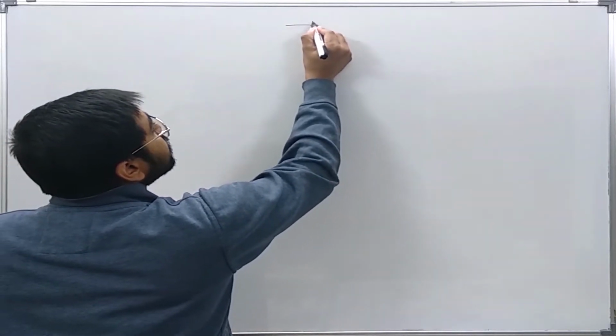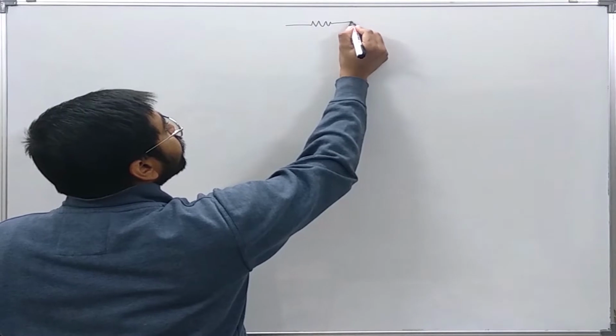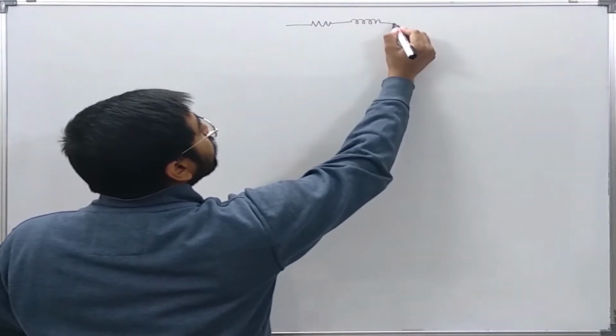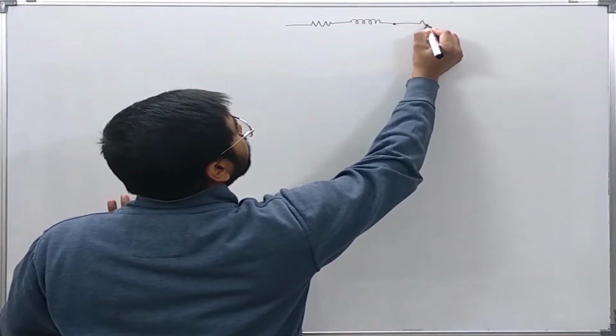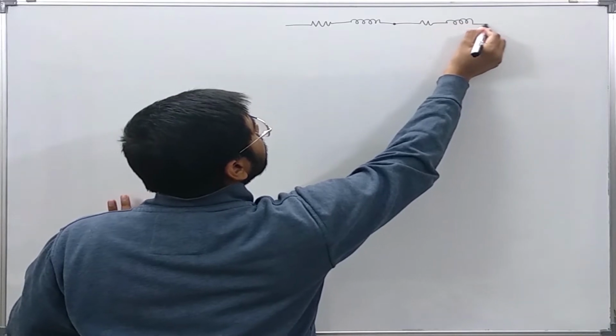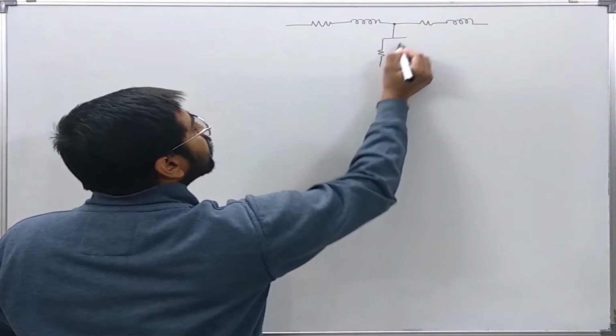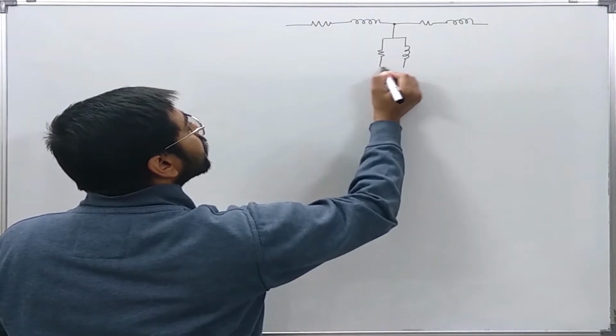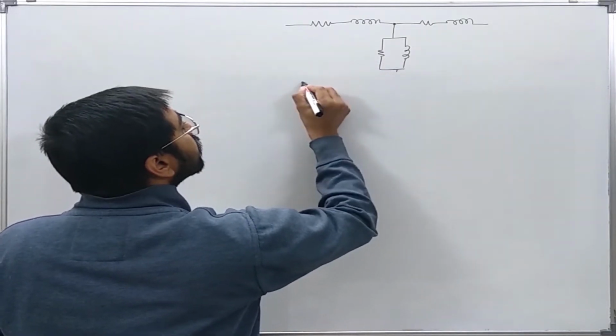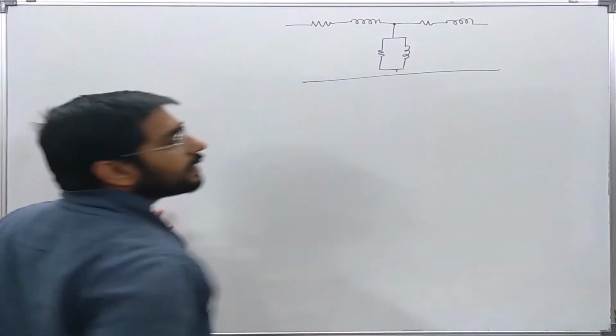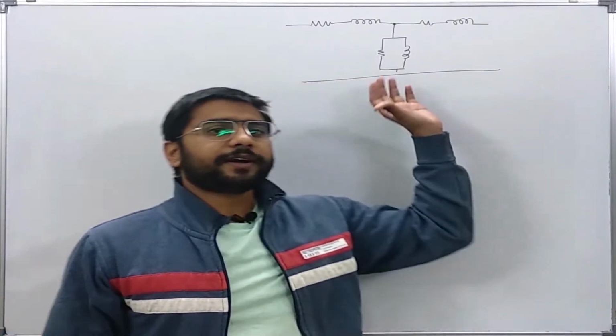So let us say this is a transformer. So this is the equivalent circuit model of a transformer.